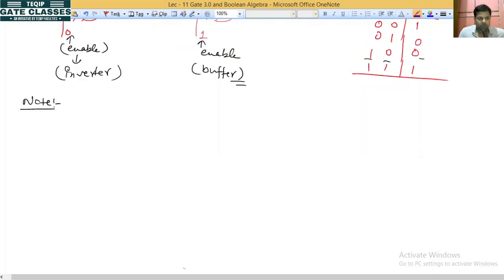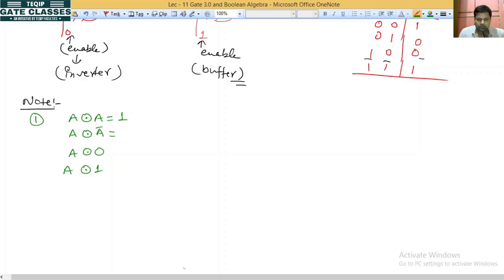So we have some more concepts on XNOR gate. The first one is, let us write the output of this: A XNOR 0, A XNOR 1. So if both the inputs are same, then output will be 1. Here both the inputs are different, because if you give 0, then 0 bar will be 1.